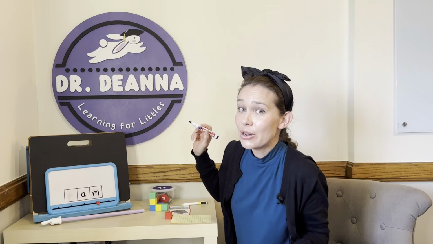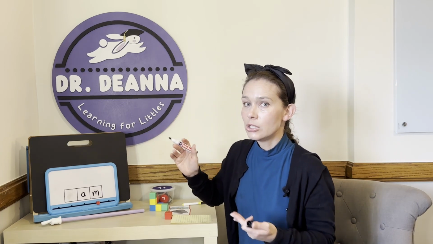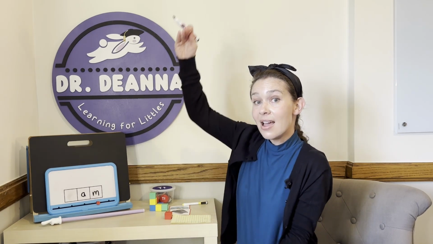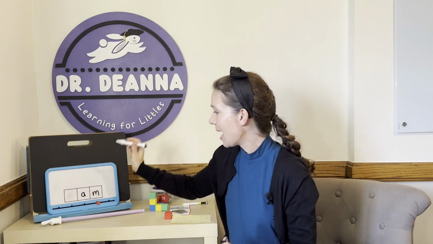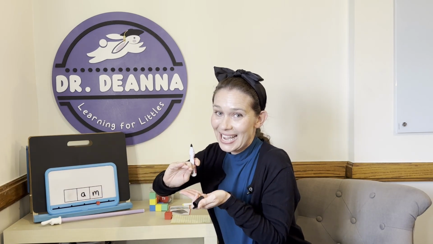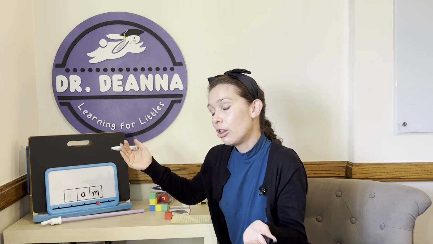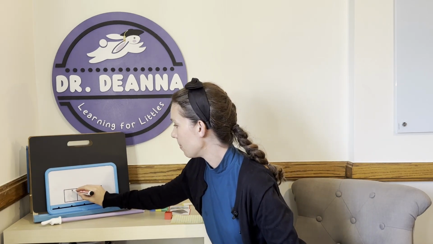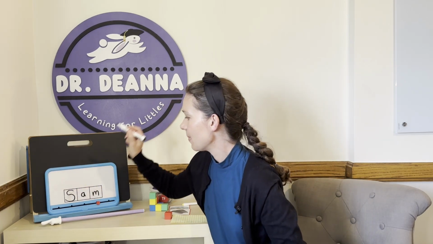S, and I know that's the sound that goes with the letter S. I also know that Sam is a name, so I need to use another uppercase. All right, uppercase letter. S is very similar to its lowercase, just a bit taller. All right, uppercase S. There we go.